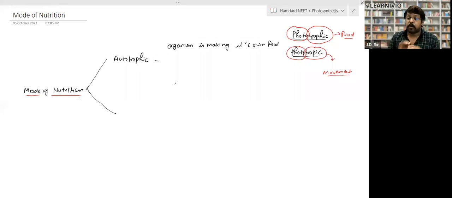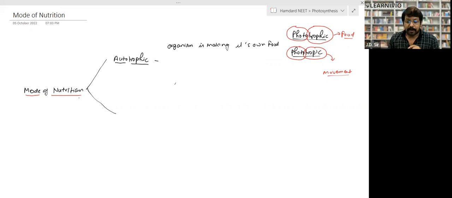It is not dependent on any other organism, right? So that is called autotrophic, right? So auto means self and trophic means food, means nutrition. So self nutrition means those which make their own food, they are called autotrophic, right?